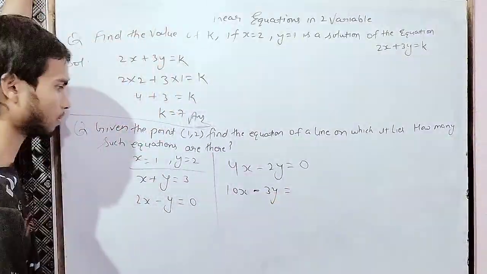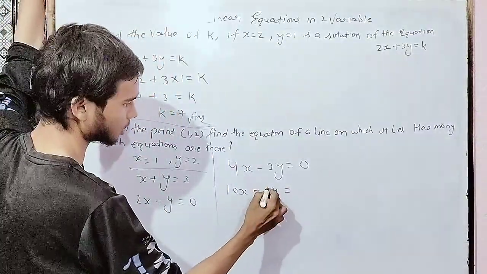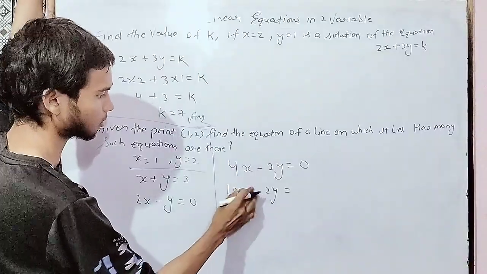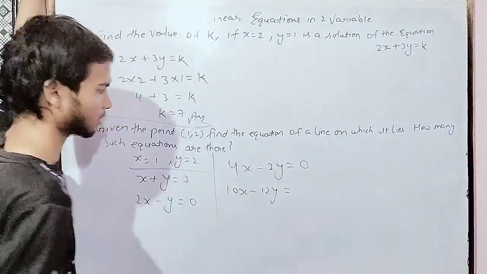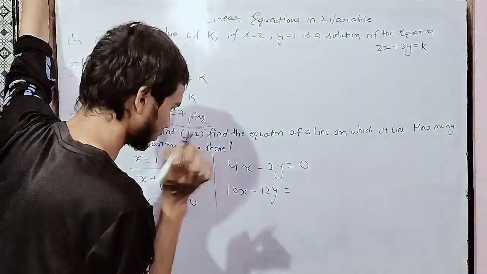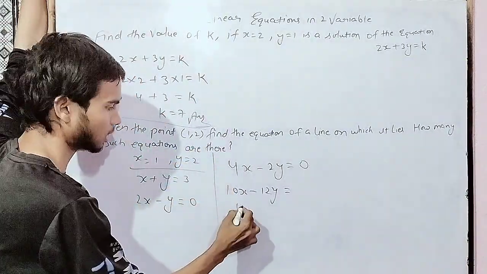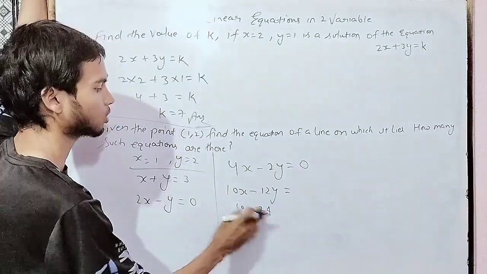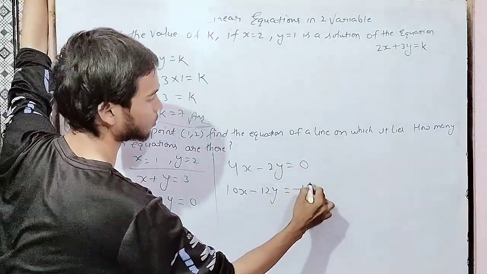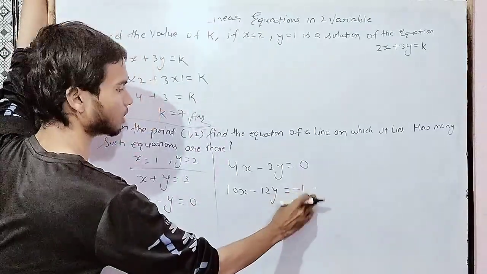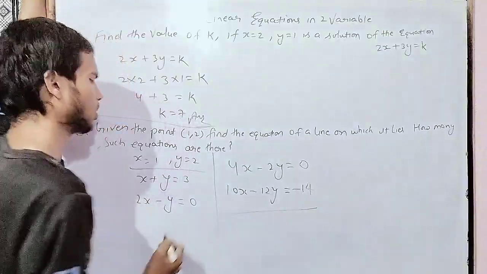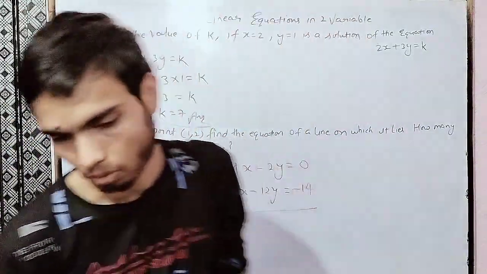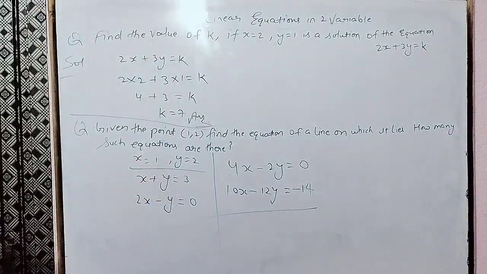Let's say 10x minus 12y. 10 ones are 10, minus 12 twos are 24, so 10 minus 24 is minus 14. So here it will be minus 14. So there can be a lot of such equations where x is 1 and y is 2.